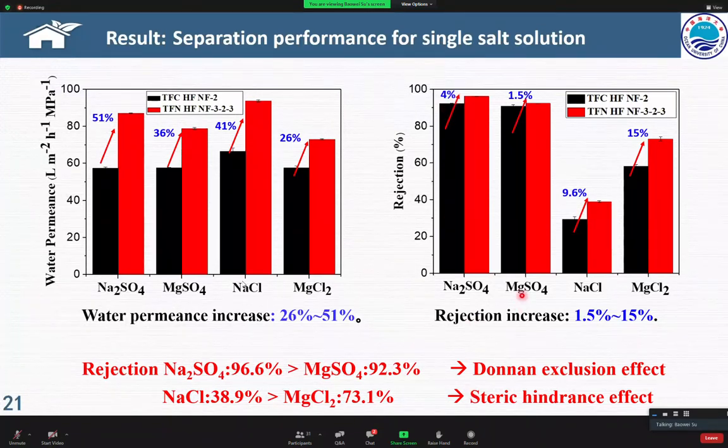We can also see from the rejection of sodium sulfate and magnesium sulfate that sodium sulfate is a little larger, which can be attributed to the Donnan exclusion effect. But for magnesium chloride, it is much higher than sodium chloride. This can be referred to the steric hindrance effect.